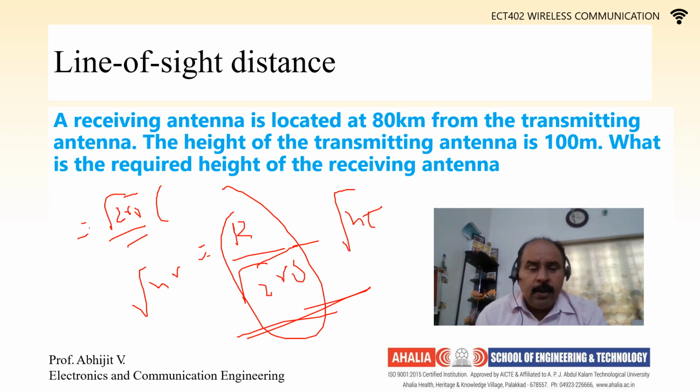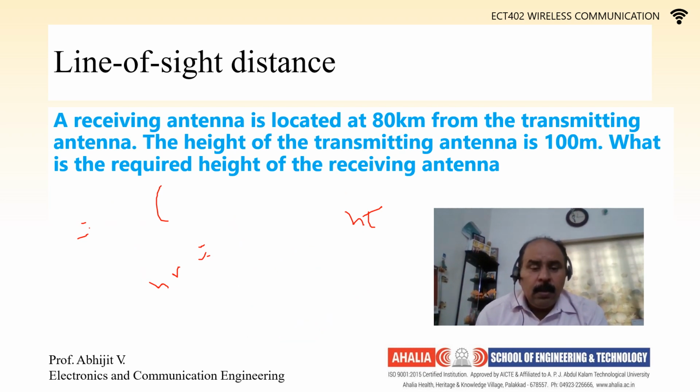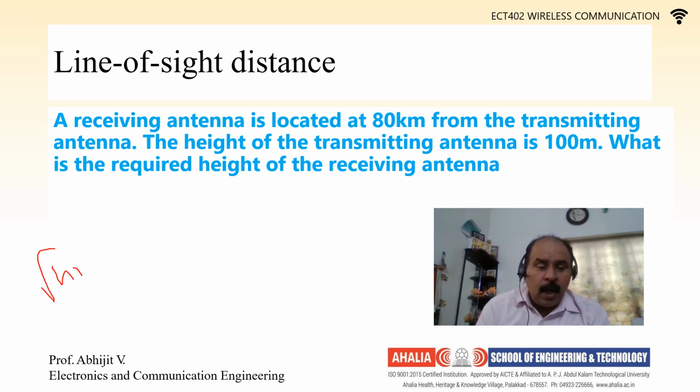Hisham, are you there? Did you get any answer? Root HR is equal to R by root 2 R naught minus root HT. Am I right?